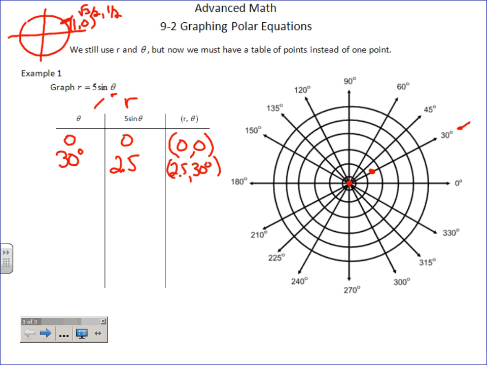Well, we could go to 45 if you wanted to. I'd say let's just keep going up by the same increment. We went up by 30, so let's go up by 30 again. So 60. And at 60, what is the sine value? Square root of 3 over 2, which I then have to take times 5. So would you please figure that out in decimal form for me? Take the square root of 3 over 2 and take it times 5.